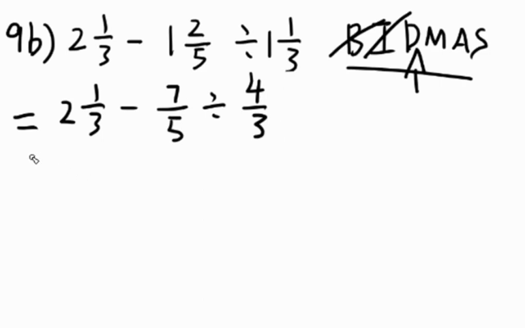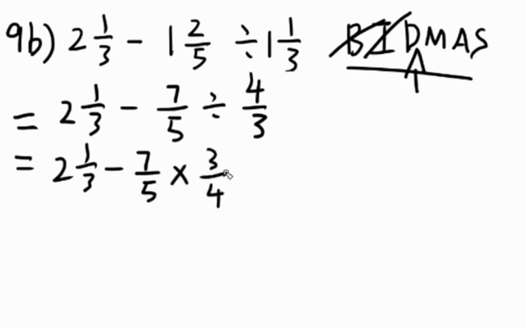Now we will flip this fraction, so this will equal 2 and 1 over 3 minus 7 over 5 multiplied by 3 over 4. And since we cannot simplify any of these numbers, we can just directly multiply them. So this will equal 2 and 1 over 3 minus 7 times 3 equals 21, and 5 times 4 equals 20.